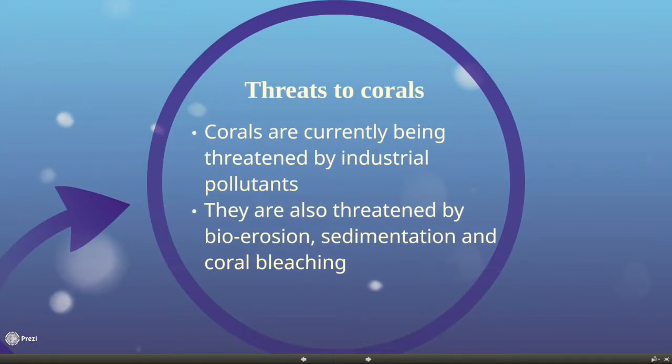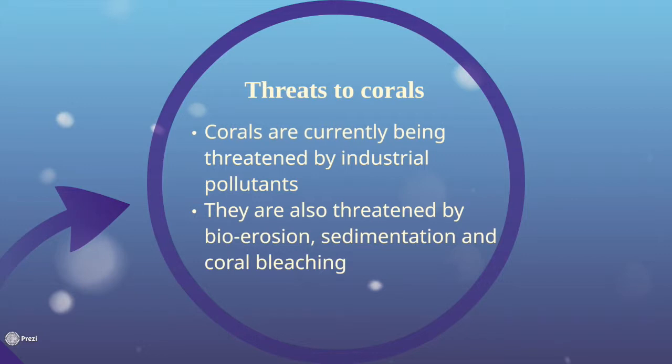It's extremely important to understand why corals are important and why they're under threat. Corals are extremely important because they contain huge biodiversity inside them, and are the biggest source of biodiversity in the oceans. They are under threat because of industrial pollutants released into the ocean completely untreated.